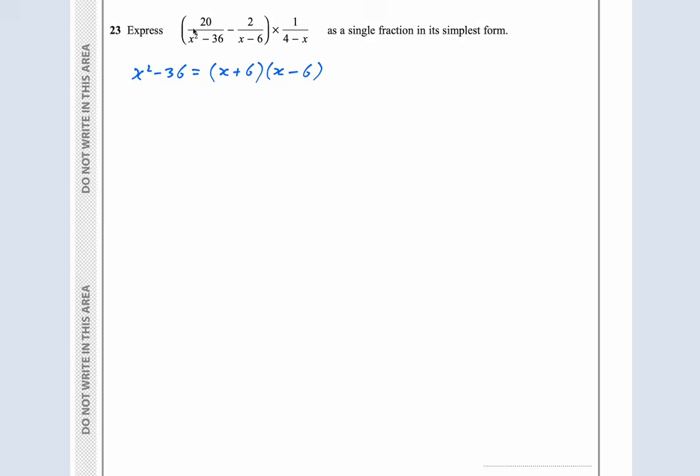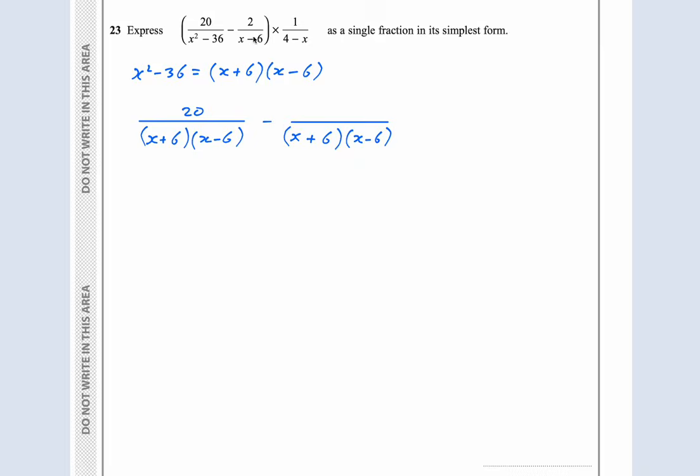Once you see that, you can add these two fractions. So this has a common denominator, x plus 6 times x minus 6. That's going to be my common denominator. This is just 20 because that's the same thing. Now I'm going to make this term here have a common denominator, x plus 6 times x minus 6.